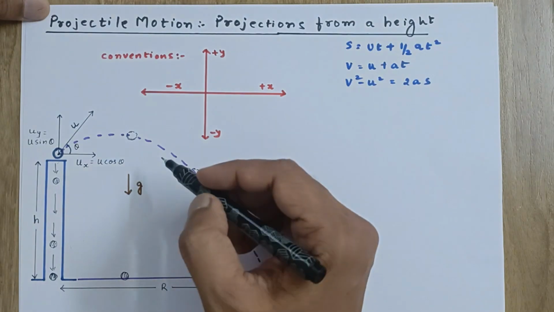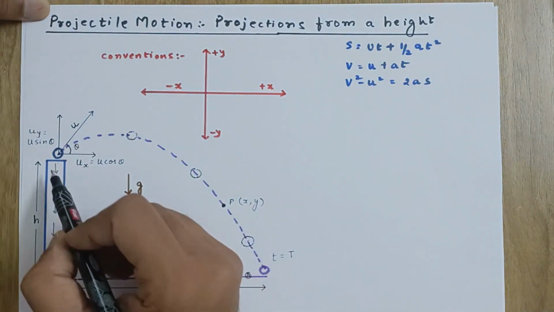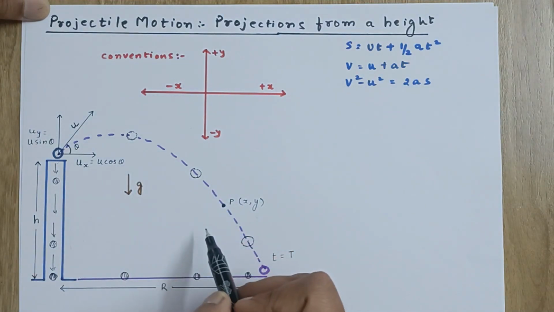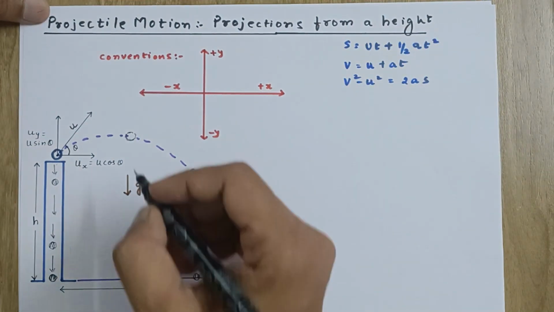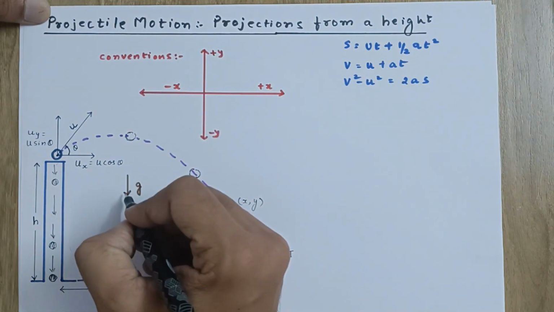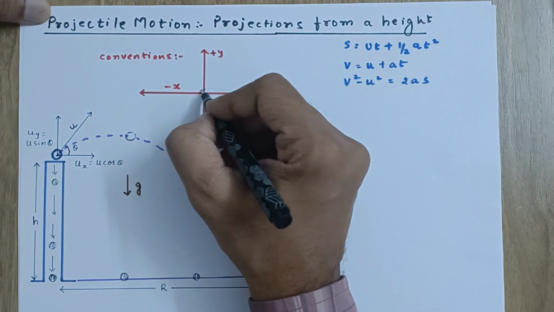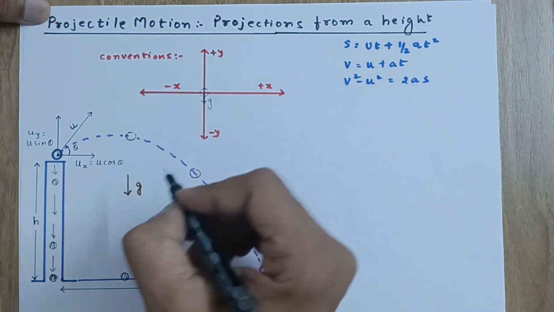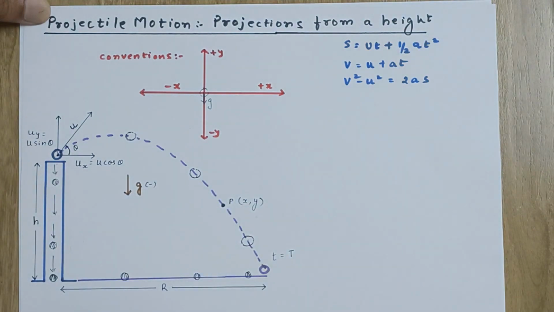For example, acceleration due to gravity is always downwards, because the earth will always try to pull this ball in the downward direction, which means the direction of acceleration is the direction of force. So g is pointing downwards. So if you consider the ball to be at the origin, g is downwards. So g is considered as negative.